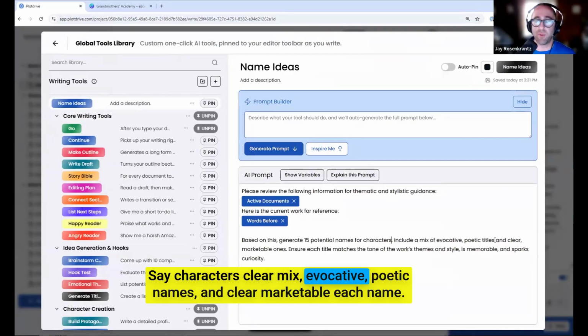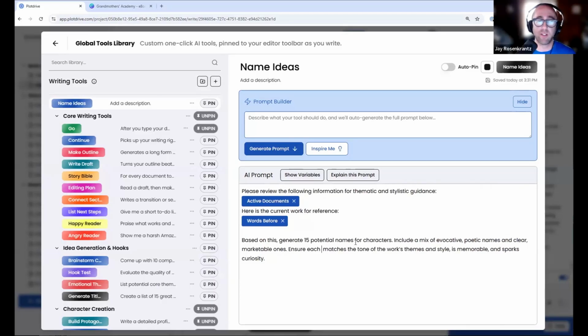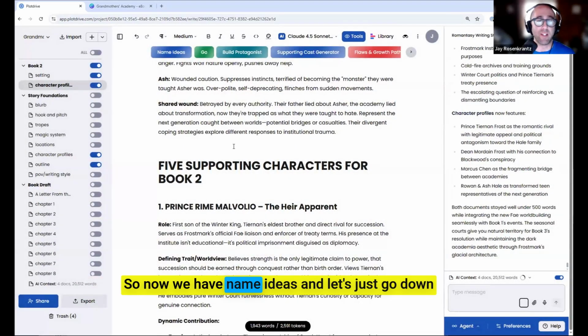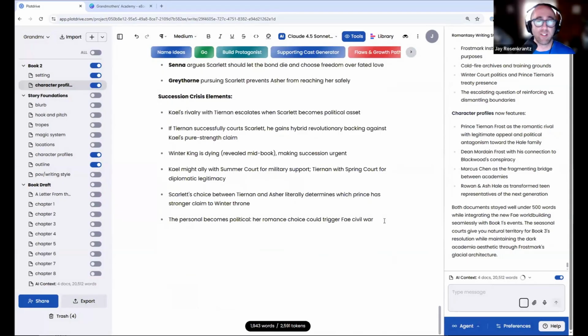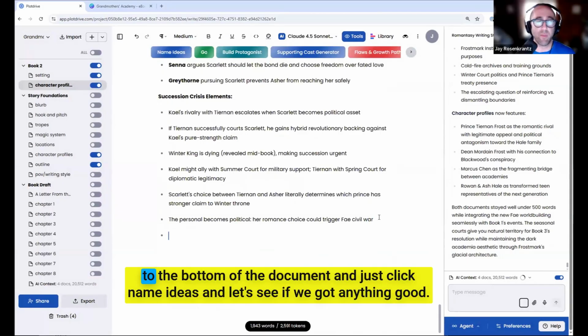Include a mix of evocative, poetic names and clear marketable ones to each name. And then we pin this. So now we have name ideas. Let's go down to the bottom of the document and click name ideas and see if we get anything good.